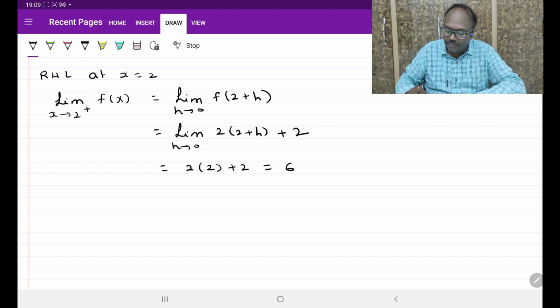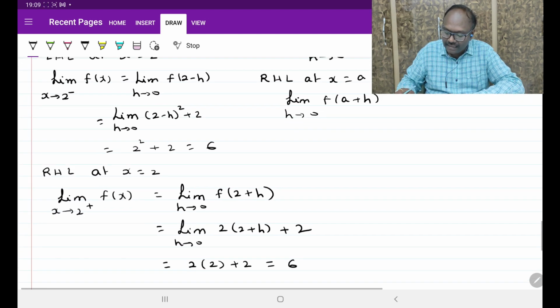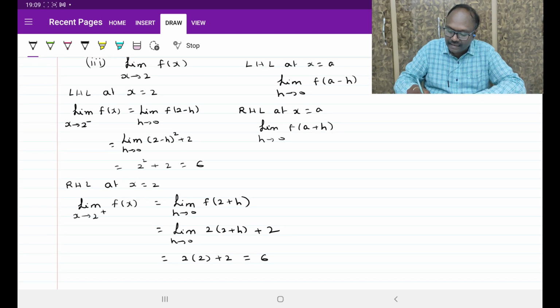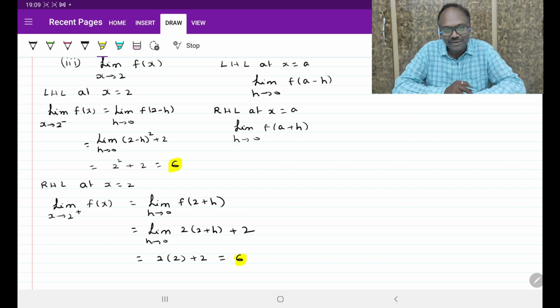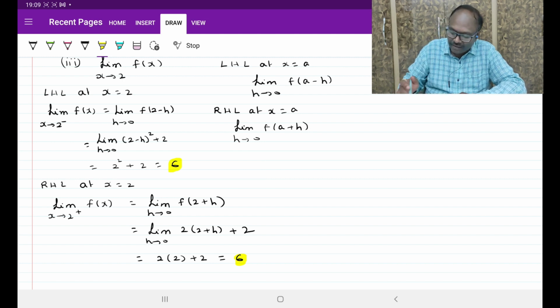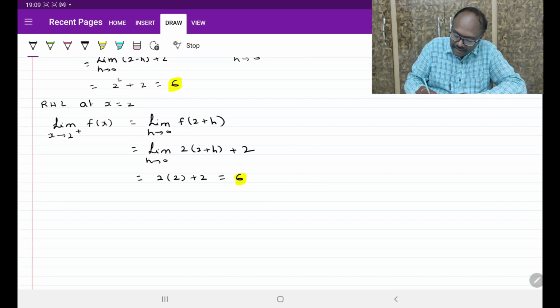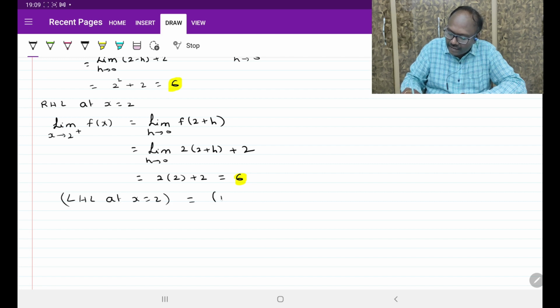So here you could observe that the left hand limit and the right hand limit are exactly the same. So we got the left hand limit as 6 as well as the right hand limit as 6, which means the left hand limit is equal to right hand limit. So if the left hand limit and right hand limit are equal, then only we say that the limit exists. So LHL at x equal to 2 is equal to RHL at x equal to 2.